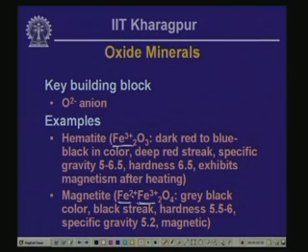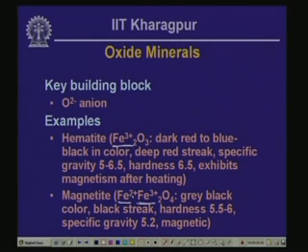Now, hematite has got a dark red to blue black color, very dark color in fact. It has got a deep red streak. The specific gravity of hematite is 5 to 6.5, hardness is 6.5, and if you compare these properties with magnetite, again you have got grey black color, which is again a dark color.